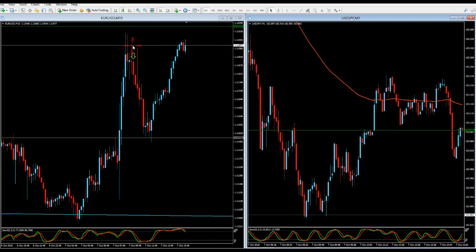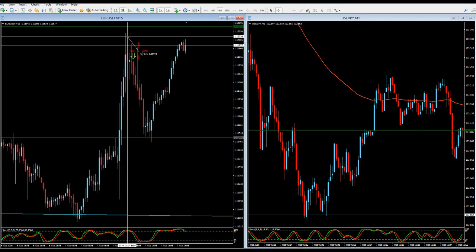So while EURUSD was moving down, this candlestick was bearish, moving down. I was expecting the USDJPY to do the opposite. You can see here that before that, when USDJPY was going down, EURUSD was going up, and now it was going down, so USDJPY was moving up.